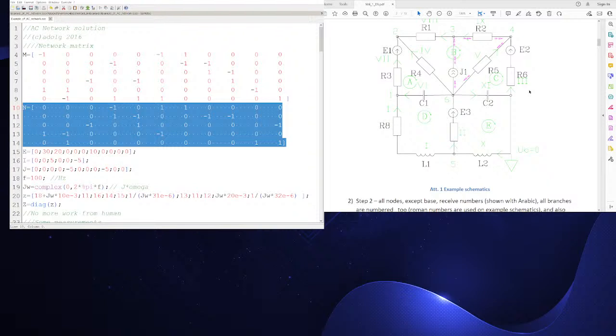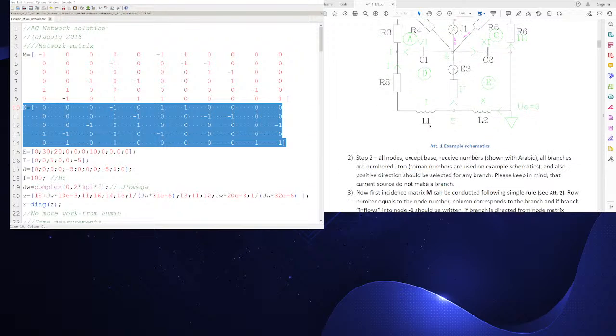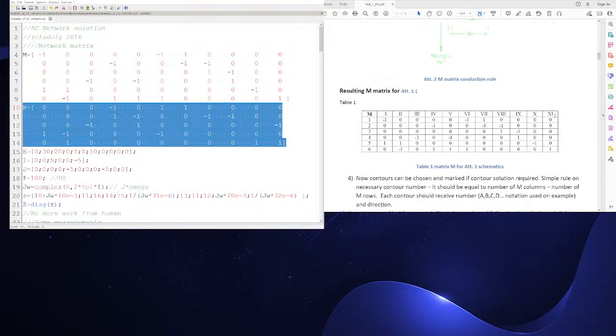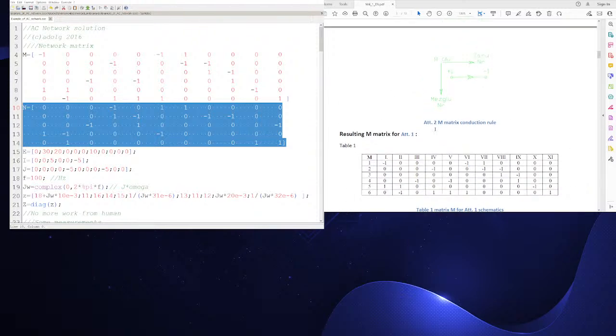It will give you the necessary number of contours. My matrix has 11 branches and 6 nodes. Subtract 6 from 11 and you get the number of necessary contours, which is 5.